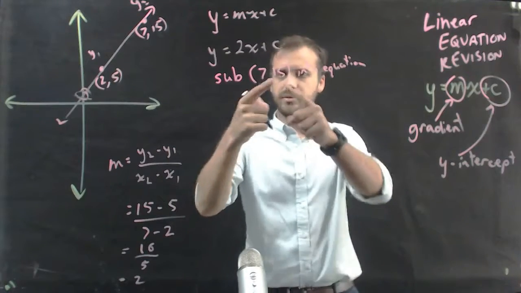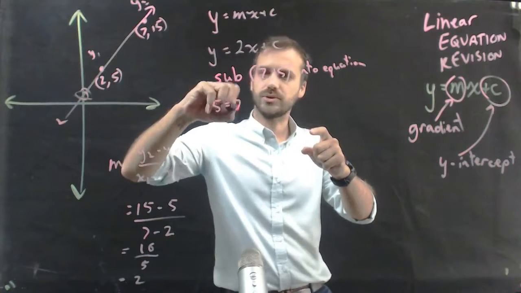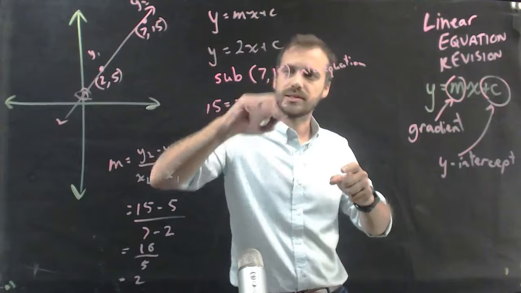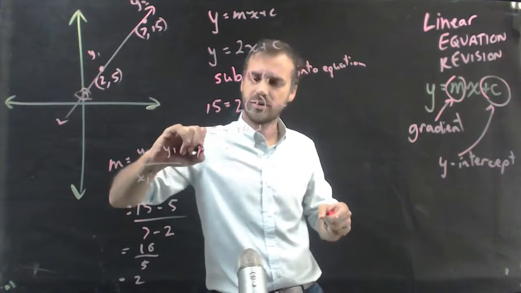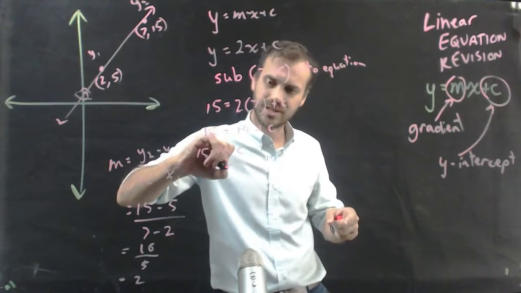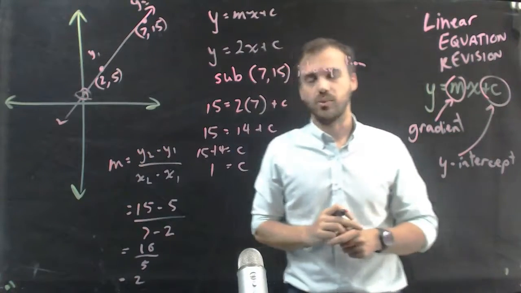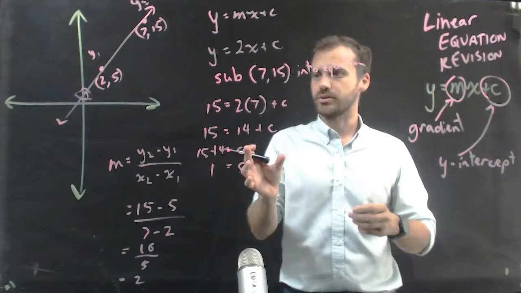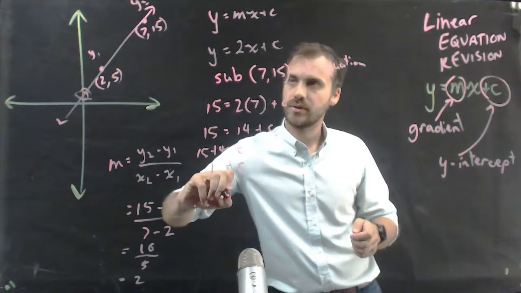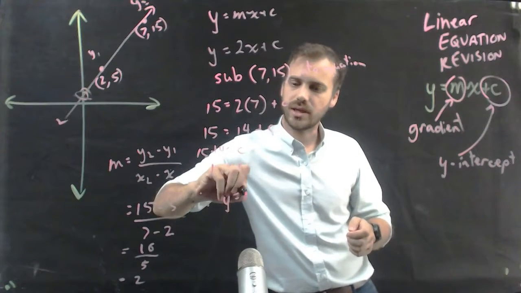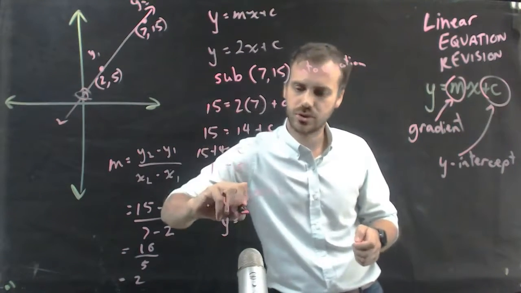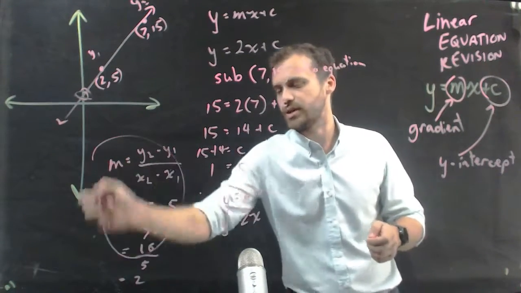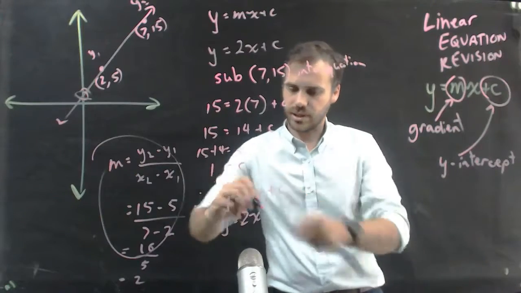Now if I do that, 15 equals 2 times 7 plus c. I know that 15 equals 14 plus c. I know that 15 minus 14 equals c, and c equals 1. So, therefore, y equals mx plus c, y equals 2x, that was our gradient which we found here, plus 1.